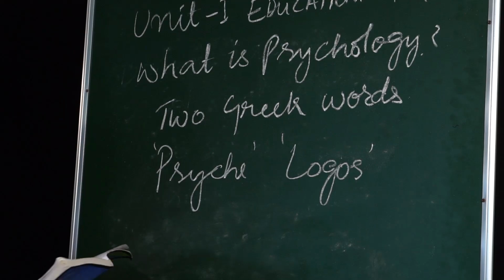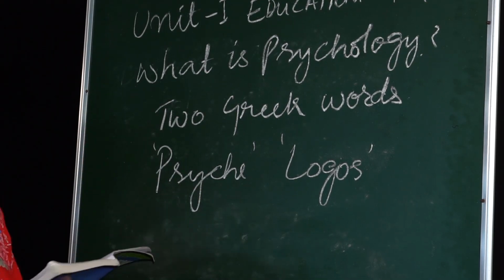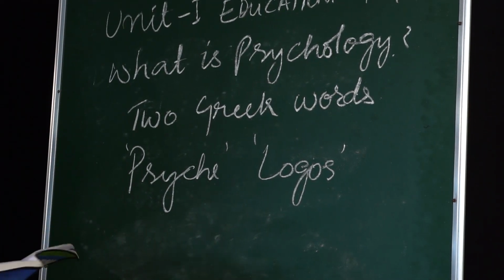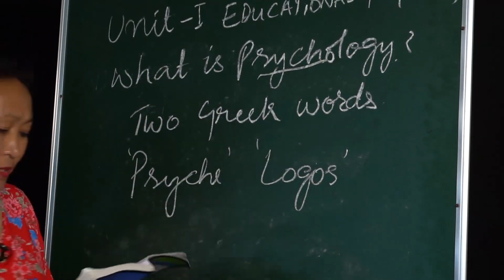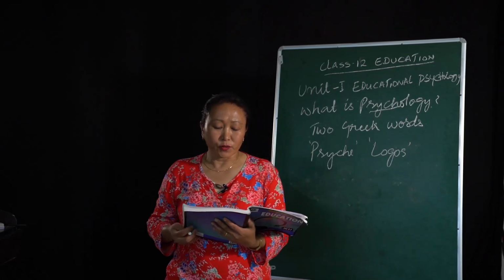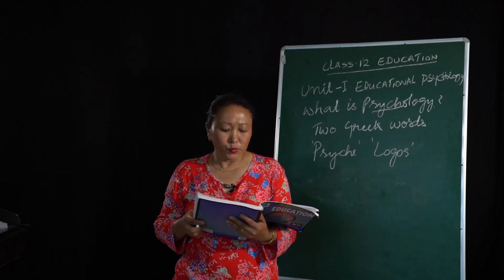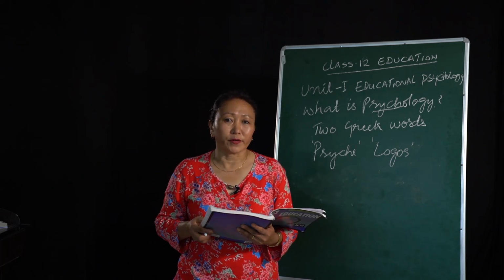Psyche means soul, and logos means rational discourse or study. Thus, psychology literally means study or science of soul. However, the focus has been shifted to the process underlying human experience and behavior.